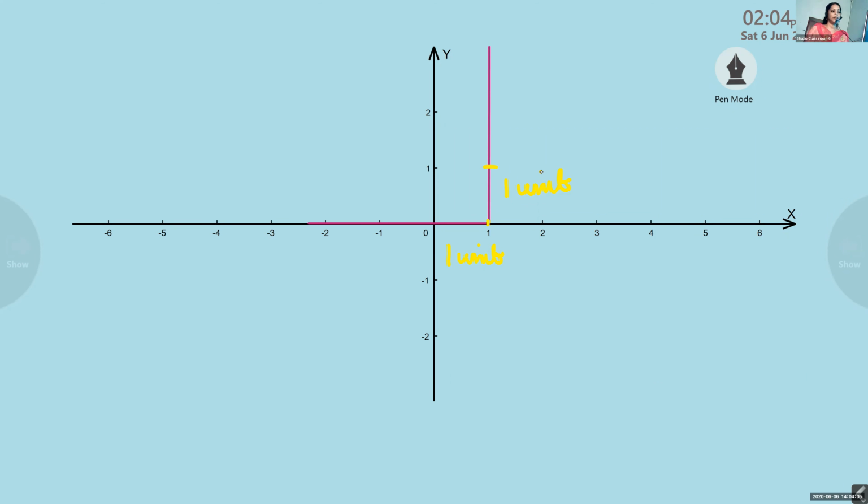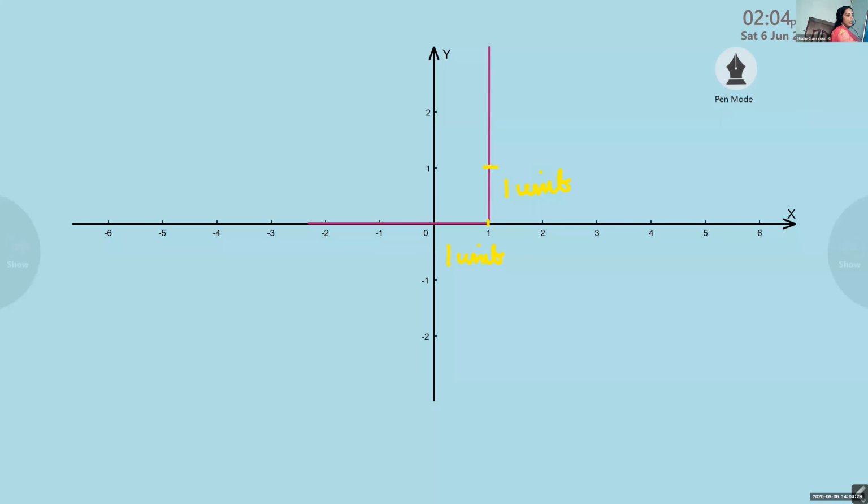If you don't tell, I won't move on. Square root of 2 unit. Very good, very good. Root 2. So if you draw a right angle triangle at these particular points, you will get the hypotenuse as root 2. Correct. Shall we proceed?